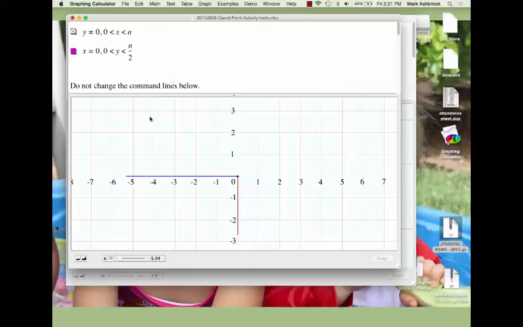So why didn't yours show up before? Here we've got y equals 0, x greater than 0 and less than n. Now n is negative. Why didn't it show up for you?